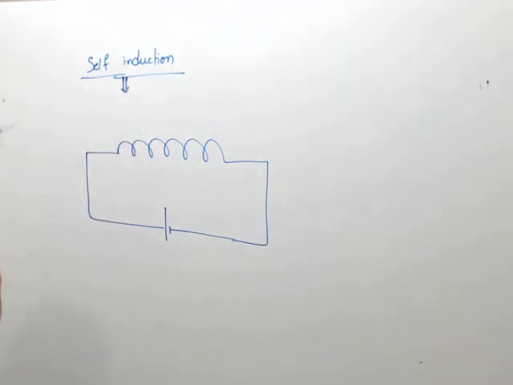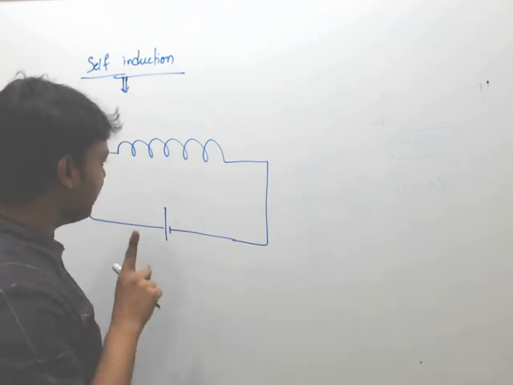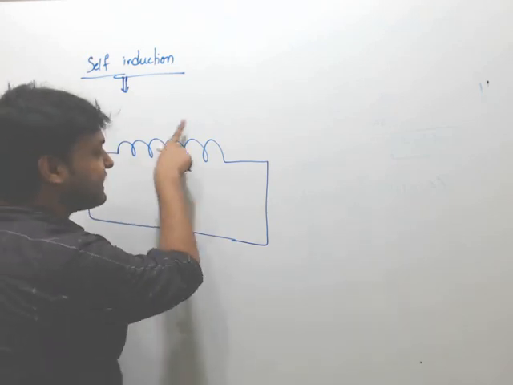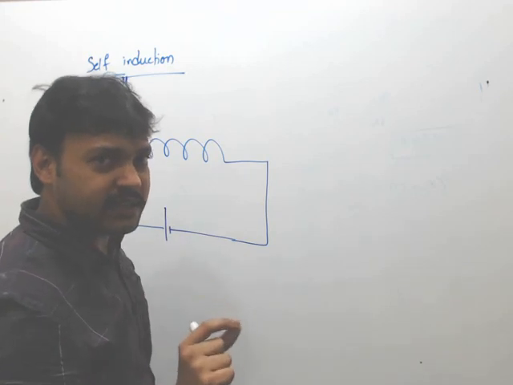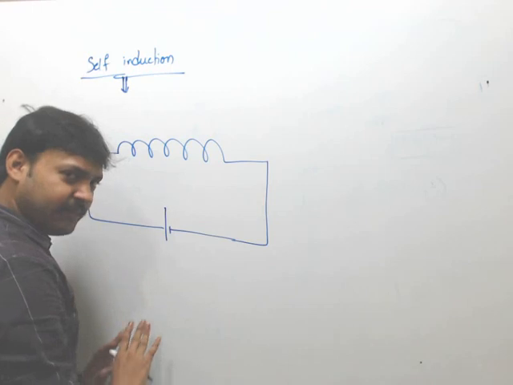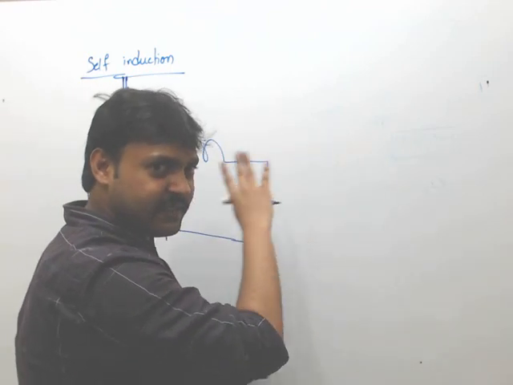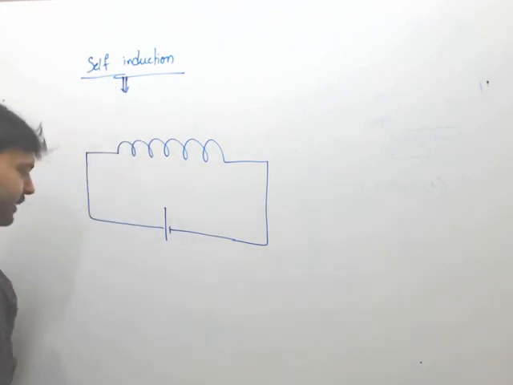What will happen? Slowly current increases. Try to understand the point. We call this an inductor, okay? First you have to understand the concept, then I will compare what is an inductor and what is a capacitor and what the differences are, right? First try to understand the concept.